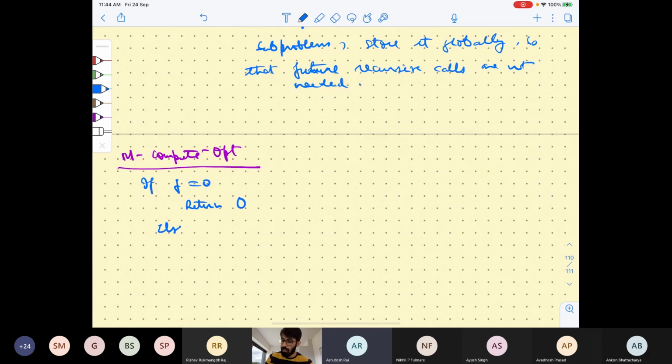Now else if, so let's say M[j] is where you will be storing opt of j, right? So else if M[j] is not empty, if you have already stored something, then return M[j].